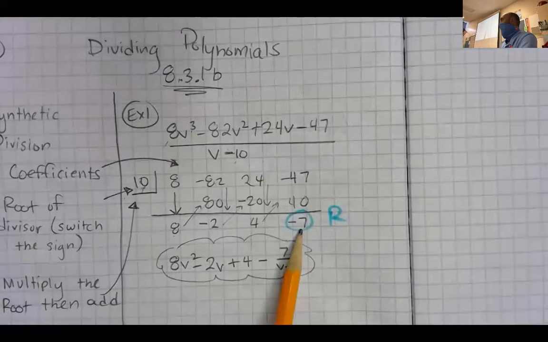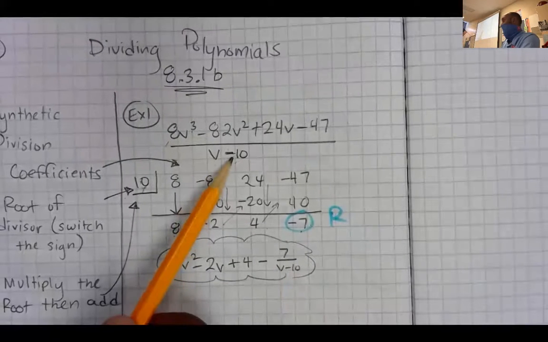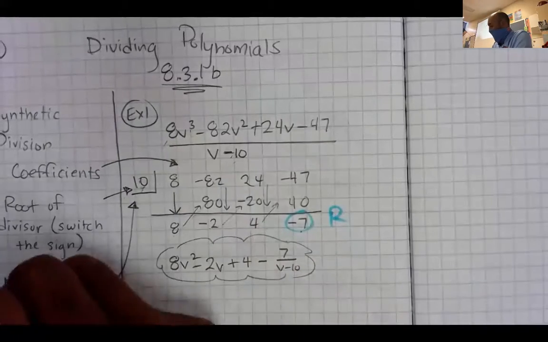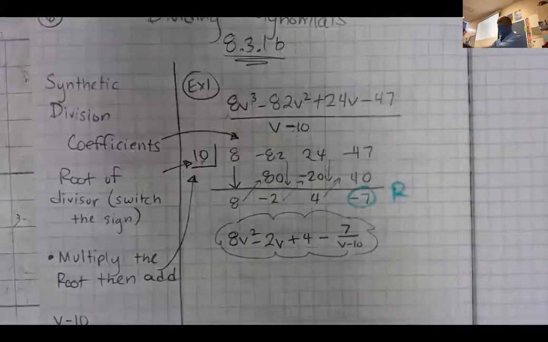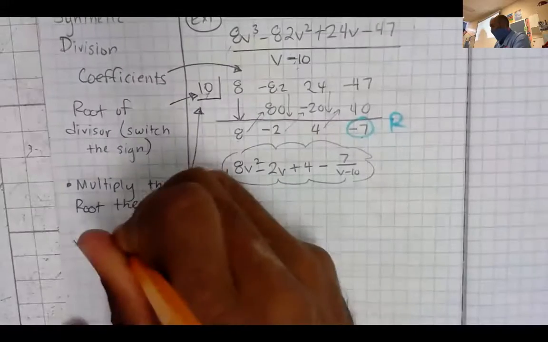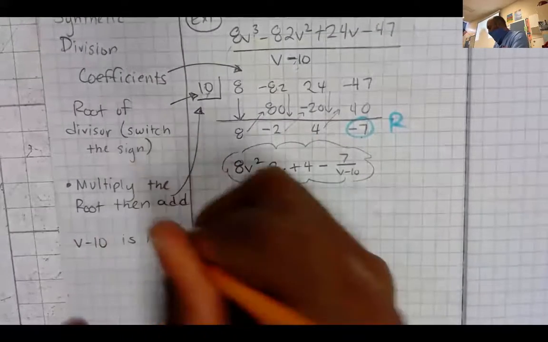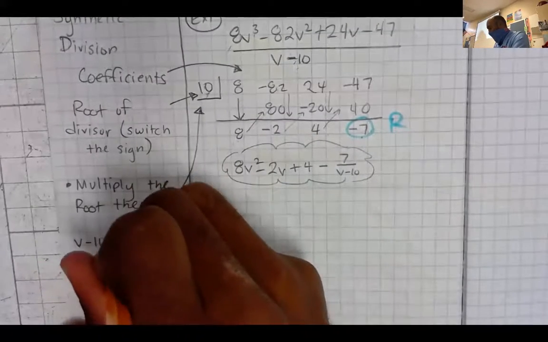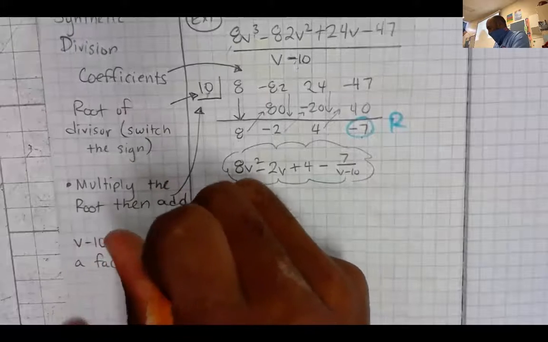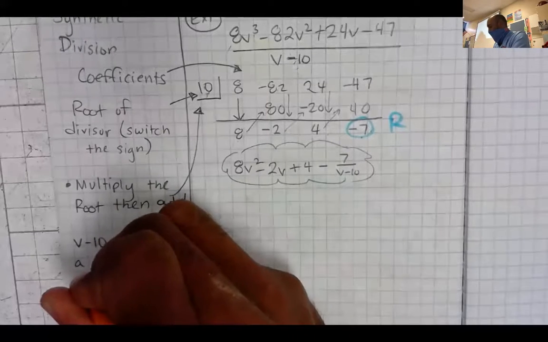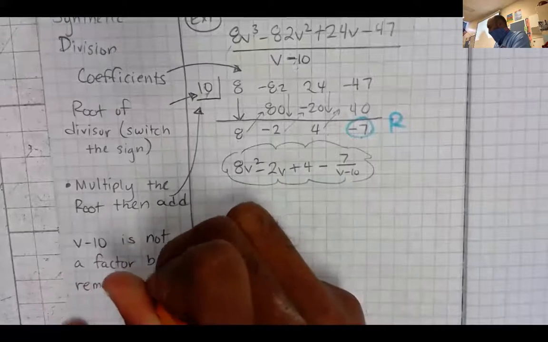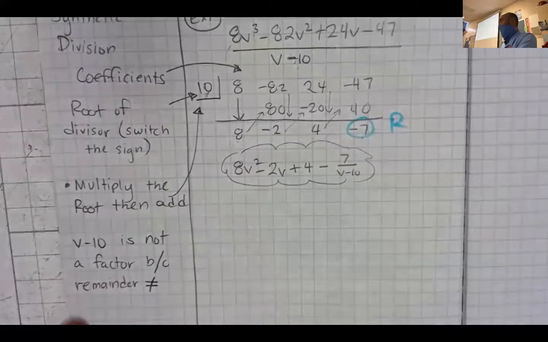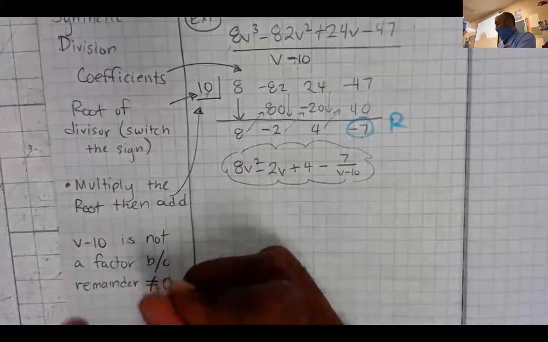If you get that 0, you know that that is an x-intercept on the graph. So v minus 10 is not a factor because the remainder does not equal 0.